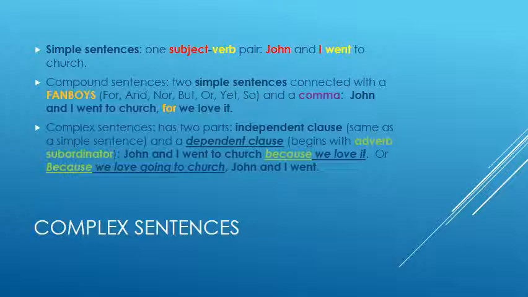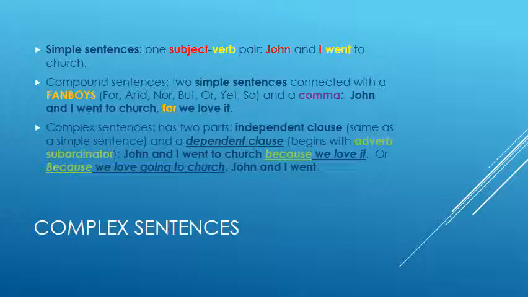Now, the whole reason that we're going over all of these different sentence types is that we want to get in the habit of using a variety of different sentences in our writing. This will make our writing look better and sound more professional. If we only use the same kind of sentence over and over and over again, the writing can be repetitive and a little bit boring.